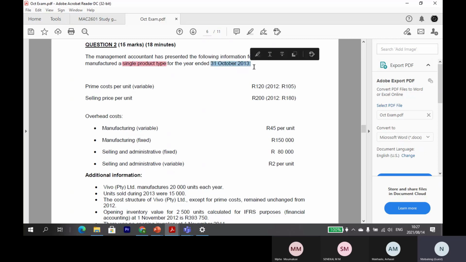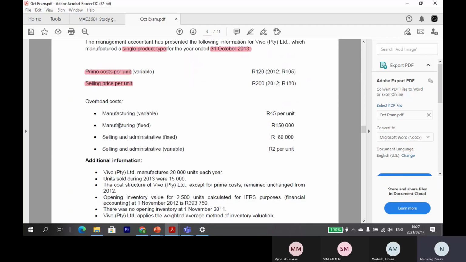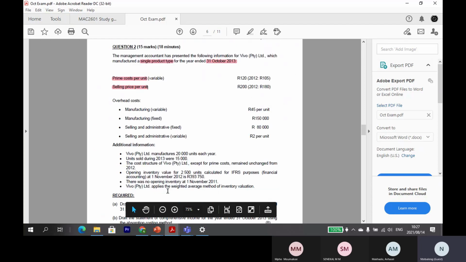For the year ended 31 October 2013, your prime cost. Now you must know what prime costs are. Prime cost per unit, they say variable, is 120 for this year, but last year it was 105. The selling price per unit is 200 this year, but last year was 180. Overhead cost, let me reduce this so that it's all in one. Cool.